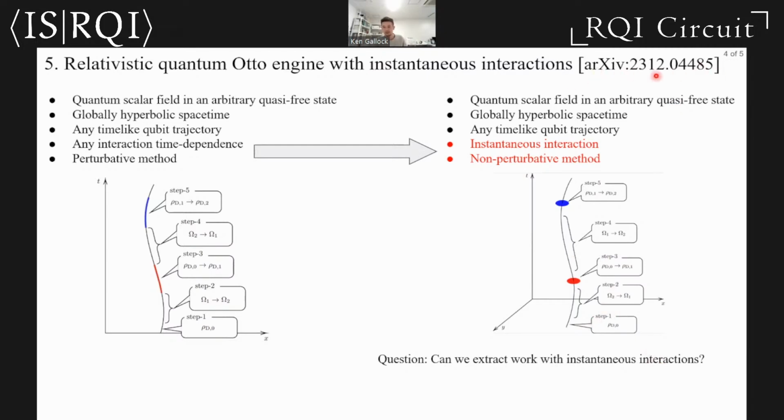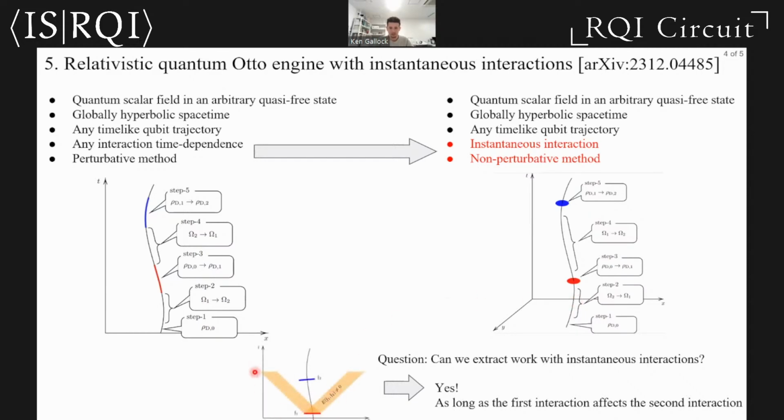And in this arXiv paper, we said yes, we can extract positive work as long as the first interaction affects the second interaction. So here is a space-time diagram, and when the qubit interacts with the field for the first time, the qubit will disturb the quantum field, and this disturbance will propagate, for example, at the speed of light in Minkowski space-time.